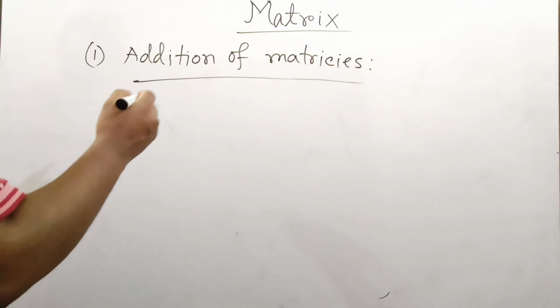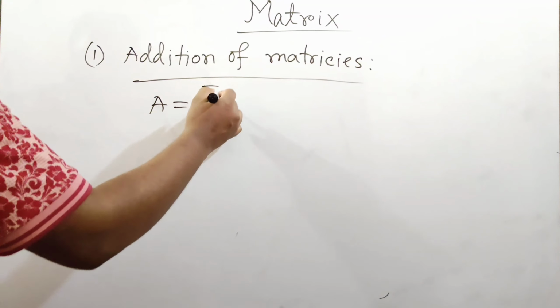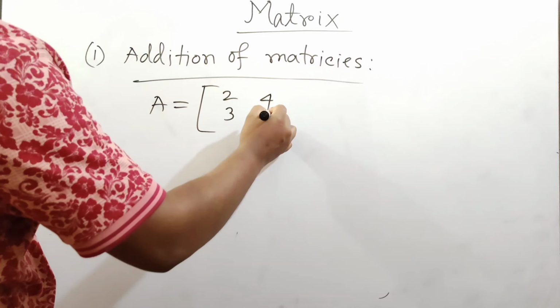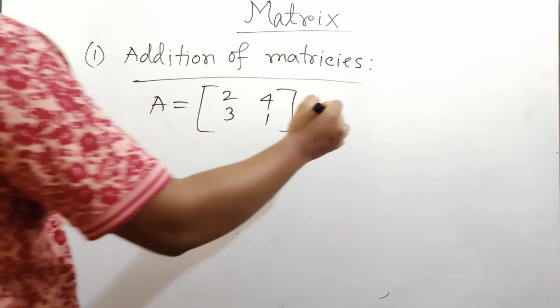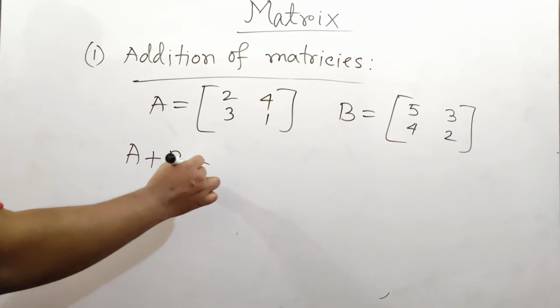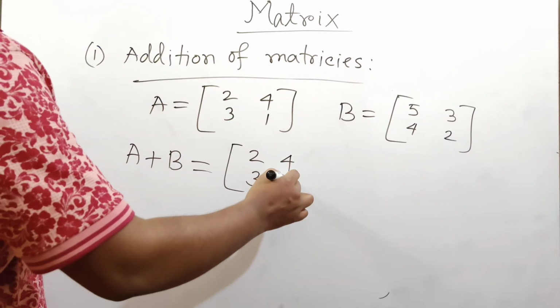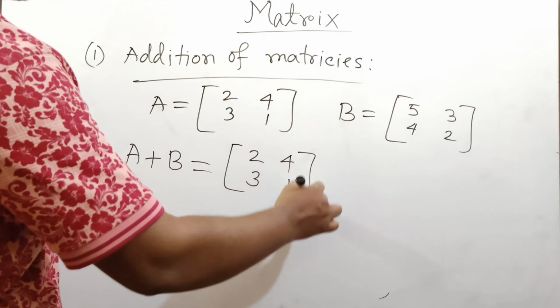Now I'll show an example, addition of two matrices. If one matrix is given as 2, 3, 4, 1, and another matrix is given as 5, 4, 3, 2, what will be the addition of these two matrices? A plus B equals 2, 3, 4, 1 plus 5, 4, 3, 2.